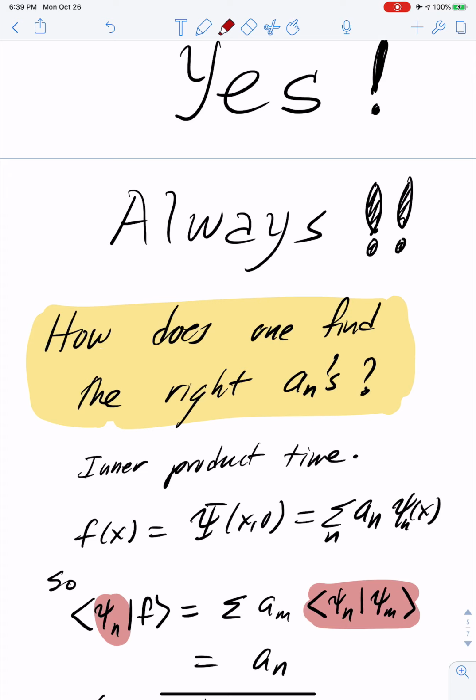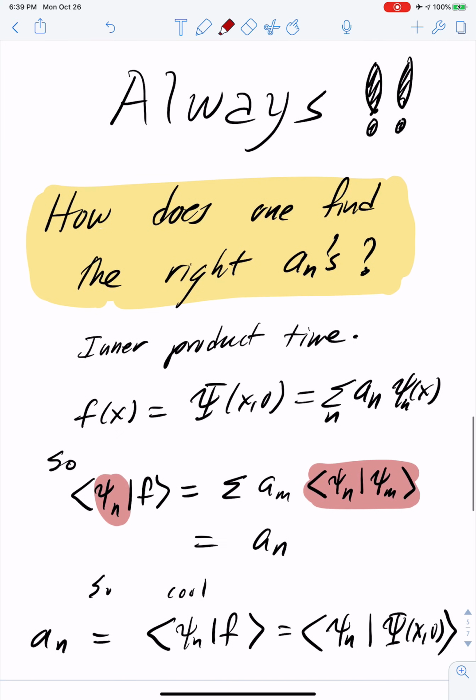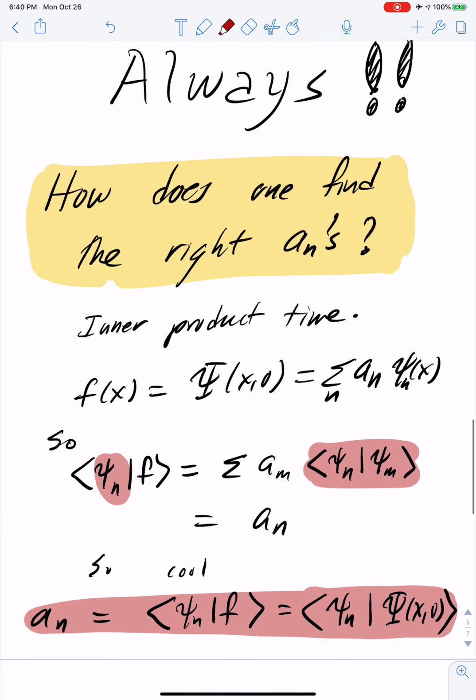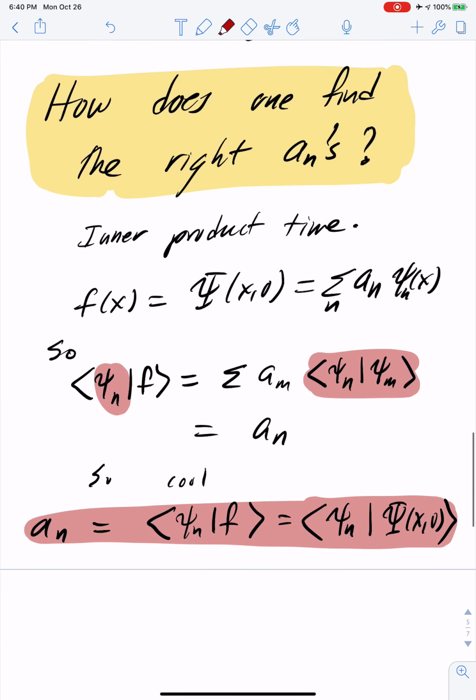So that's how we find the a sub n's. We just take the inner product with the initial state. It's a really nice prescription. There's no guess or anything. You just calculate the inner product and you're done. Once you've found all the a sub n's, you now can write out the solution and everybody's happy.